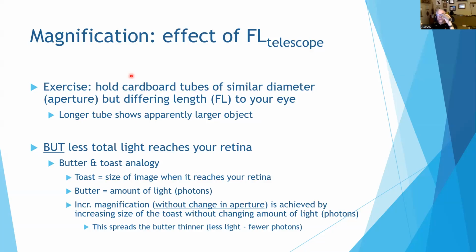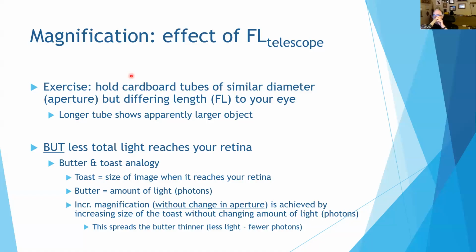If you try this tomorrow or when you get a chance, look through the longer tube, the one with the longer focal length, and compare that to the image you see in your yard or out in the street through the shorter tube, you'll see a much more restricted field of view, a much smaller piece of the object.